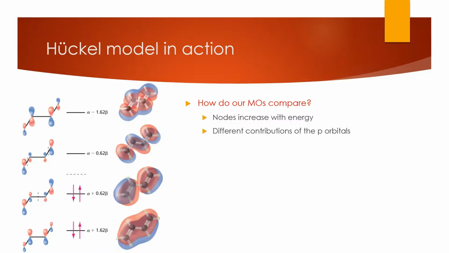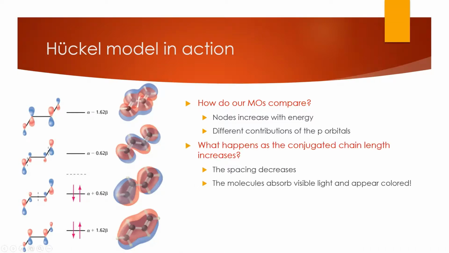What that means for us is that this transition, which usually takes ultraviolet light to excite, as I make this smaller and smaller, transitions from ultraviolet to visible, and then I get colored molecules. This is why our octatetraene molecule from lab 2 was yellow: it started to absorb wavelengths around 400 nanometers, some visible purple light, so it reflected predominantly yellow light, and we observed it as yellow.